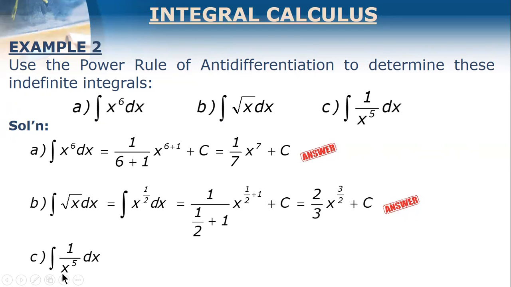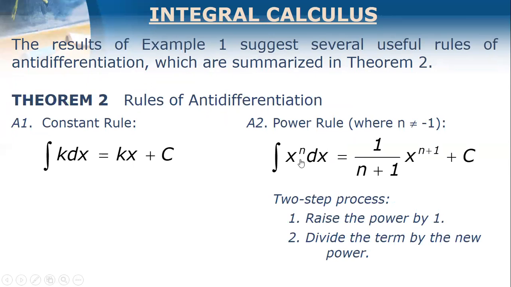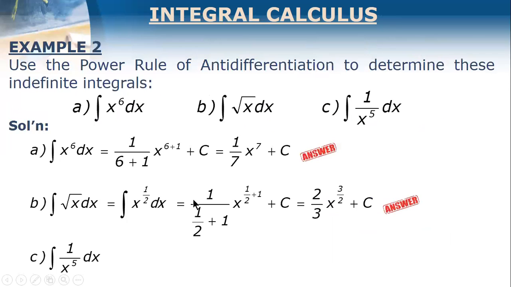And last, 1 over x raised to 5. Okay. Now, remember na ang power rule is x raised to n ang numerator, so find a way na mahimo siya sa numerator. And you will use law of exponent, di ba? Sa algebra, pwede nimo isaka pero ang iyang power mahimo negative, such as this, x raised to negative 5.